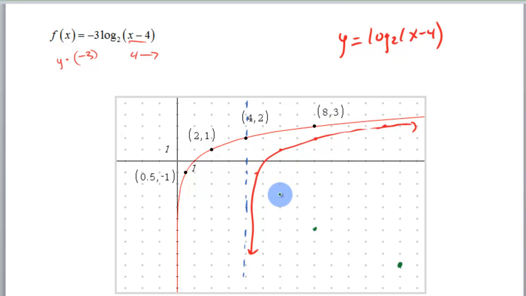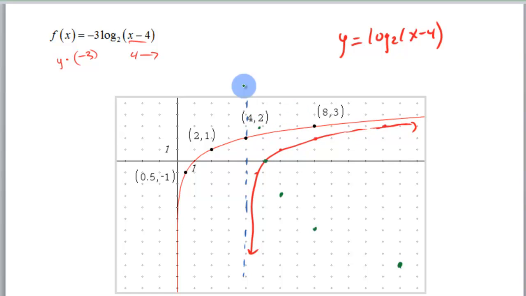1, 2, 3. Okay. This is right where it's 0, right? So it goes right through that point right there, because 0 is the y value, okay? And this one is negative 1, right? That's what this is, negative 1. So now it becomes positive 3. 1, 2, 3, right there.